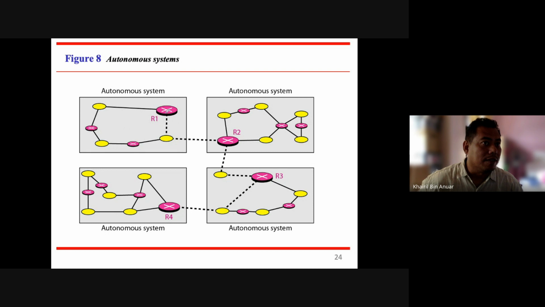Here you can see that perhaps this is a switch connected to router 2, so R1 can be connected to router 2. In between here, you have from intra to inter. So here is inter, and here is inter. Within that is intra.